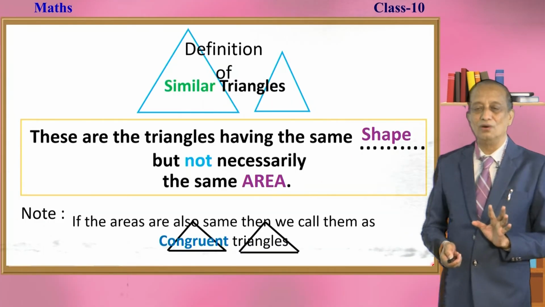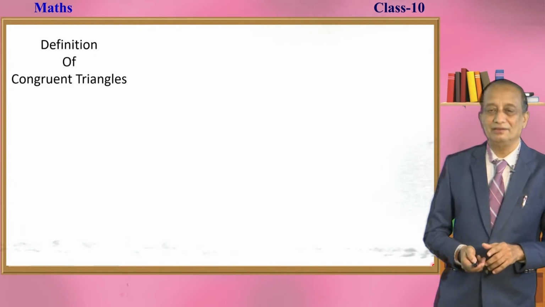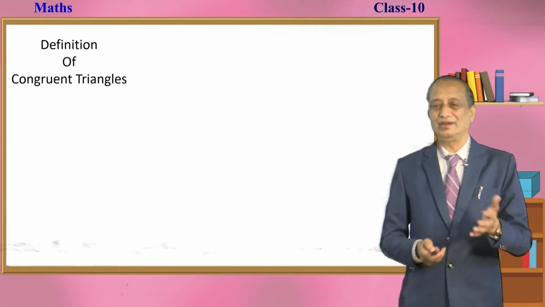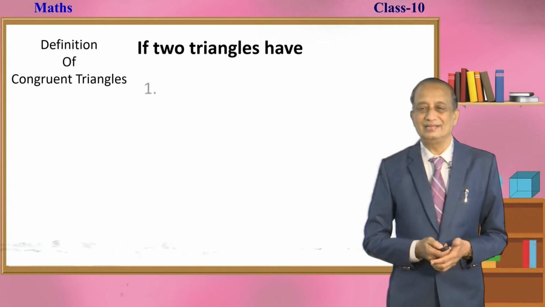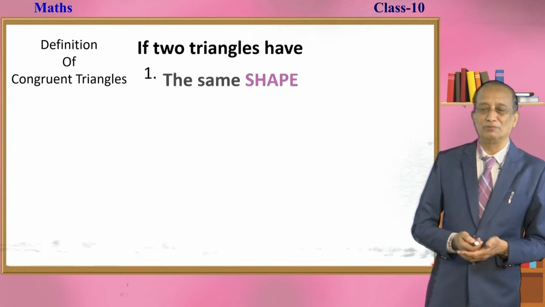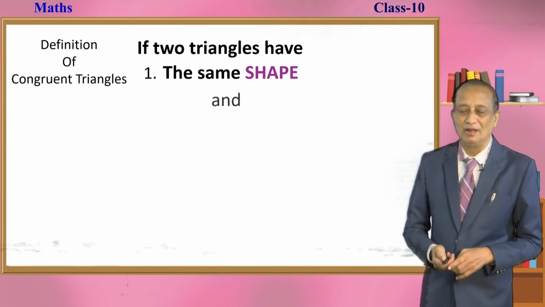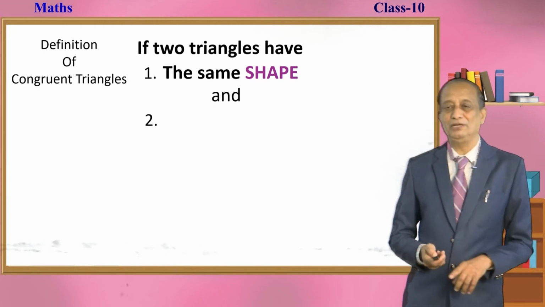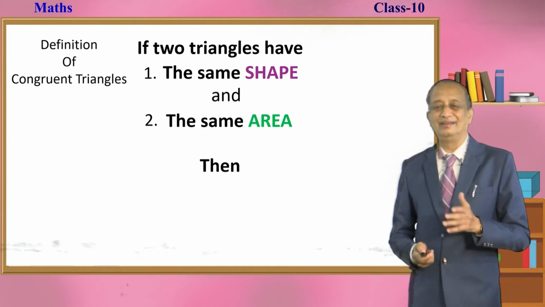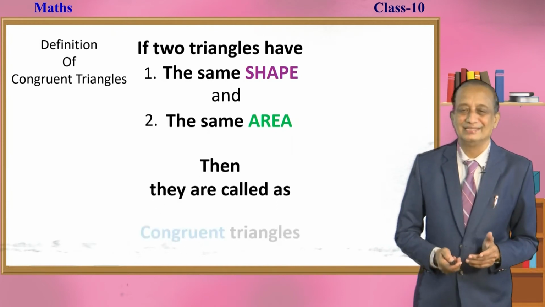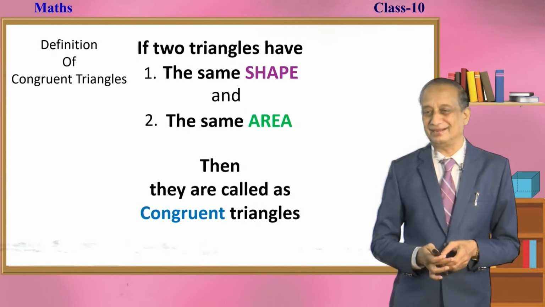Okay. Now, here is a definition of congruent triangles also. I would like to define it this way. If two triangles have condition number 1, the same shape, and condition number 2, the same area, then they are called congruent triangles.